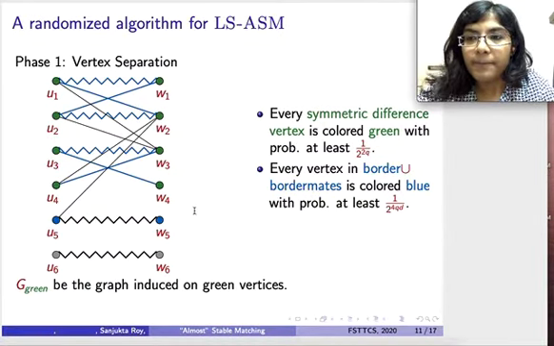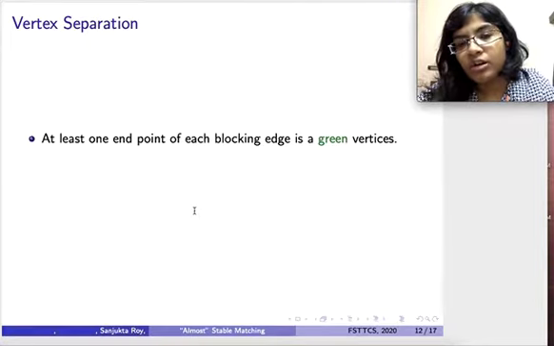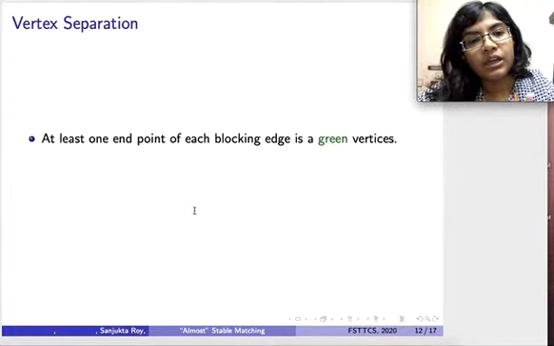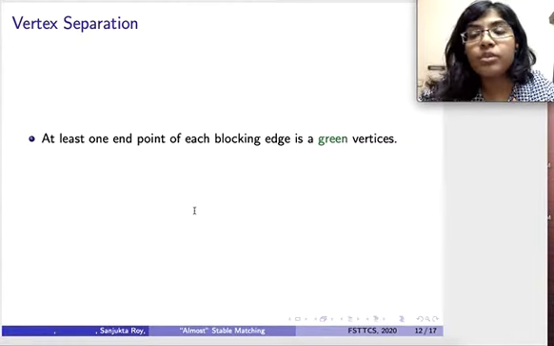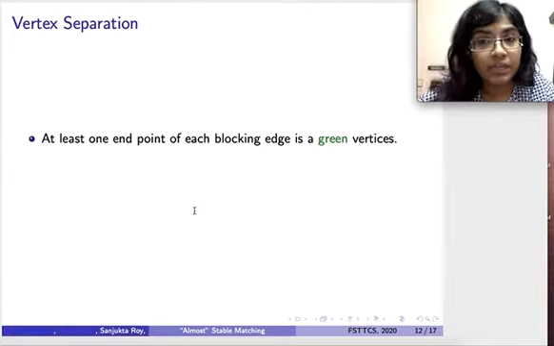So now two things we achieved here, or two things we should note. One is that for any blocking edge, one endpoint has to be green, and this follows from the fact that your matching M was stable.